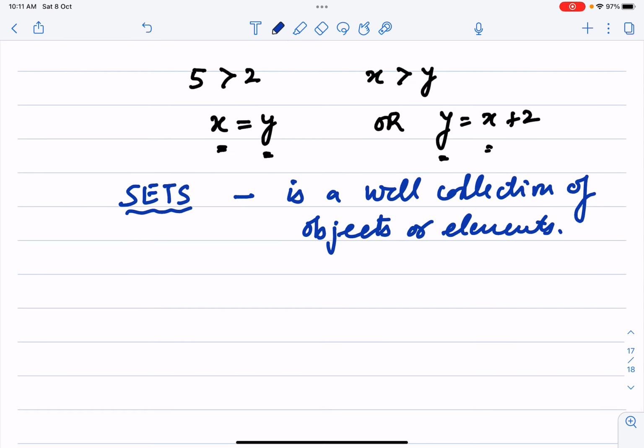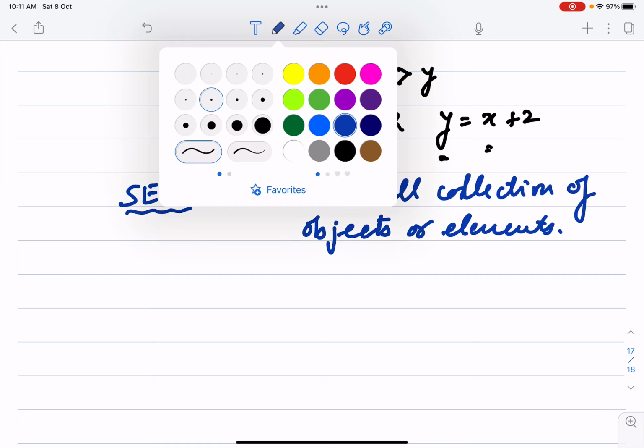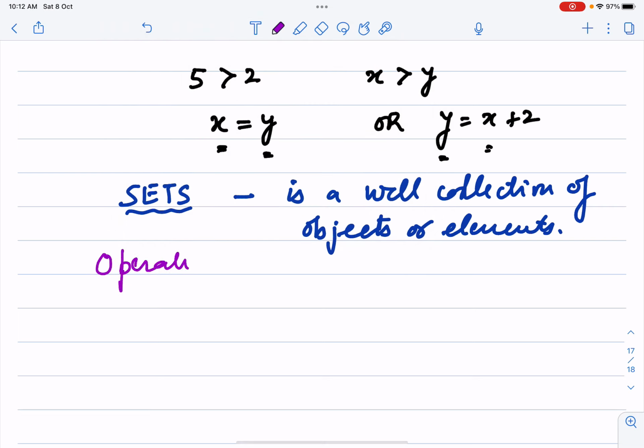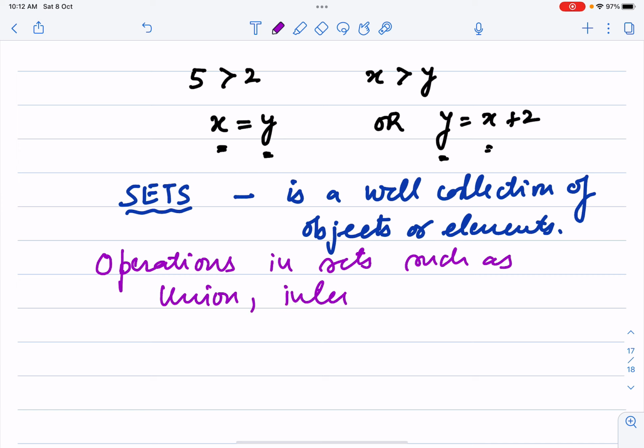Now we have read there are some operations on sets also. What operations are there? We have learned some operations on sets, such as union, intersection, complement, and so on.